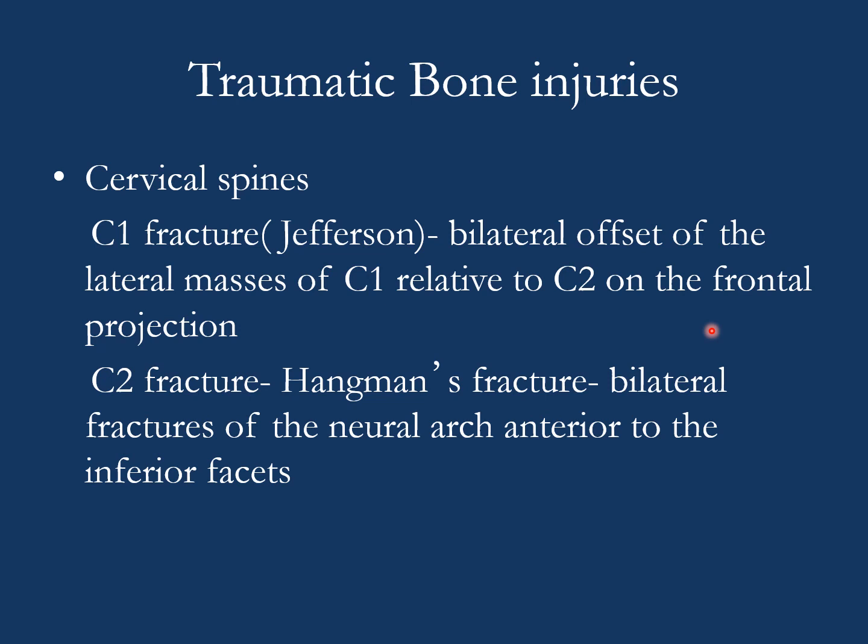And C2 fracture is the so-called hangman's fracture. It's a bilateral fracture of the neural arch anterior to the inferior facets. Here, we see a CT scan of the cervical spine, and we can clearly delineate the anatomy.